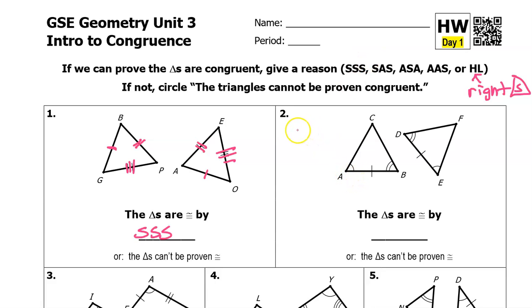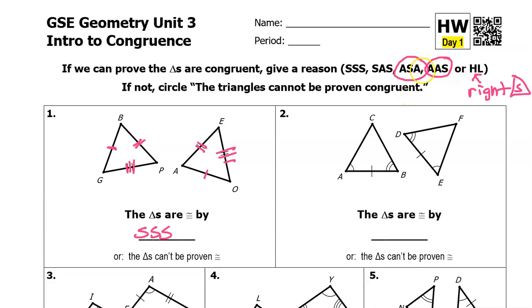We have to be a little bit more careful when we look at problem number 2. Notice that we have 2 angles and a side that are marked. The problem is we have 2 different statements that involve 2 angles and a side. How do I know if it's going to be angle, side, angle, or if it should be angle, angle, side?